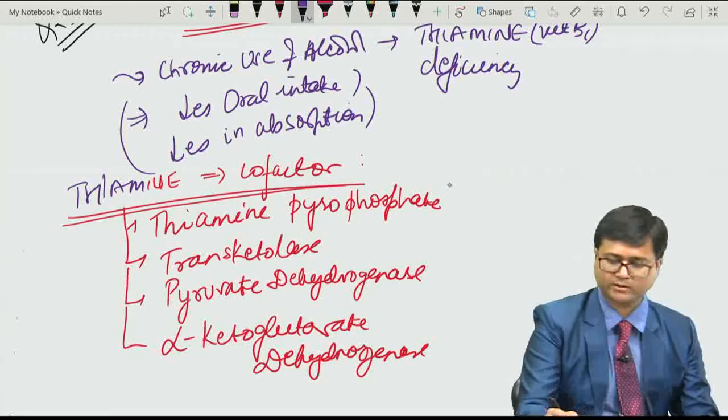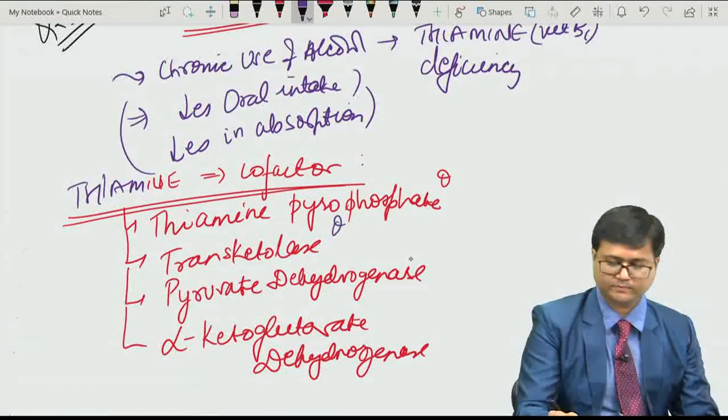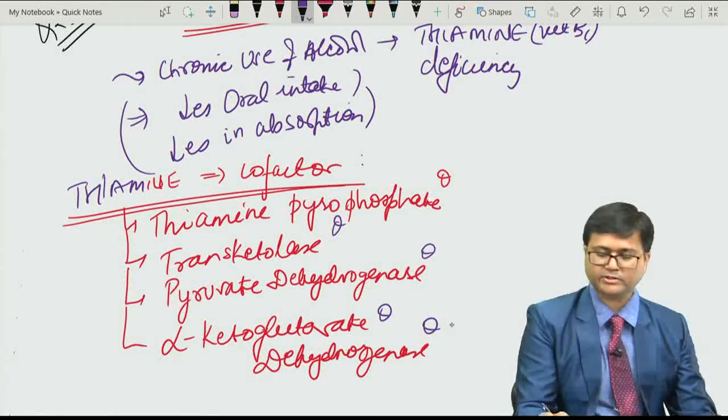So it is an important cofactor in these enzymes.